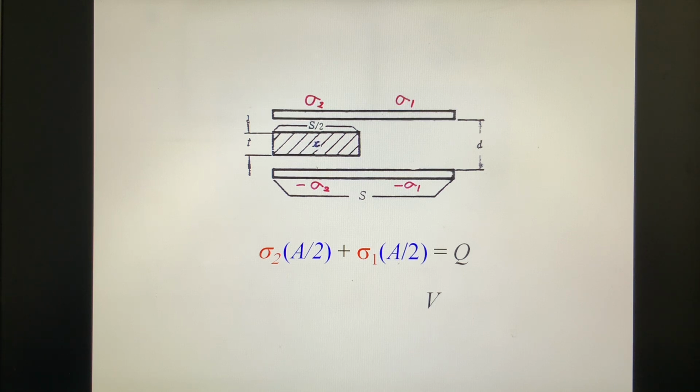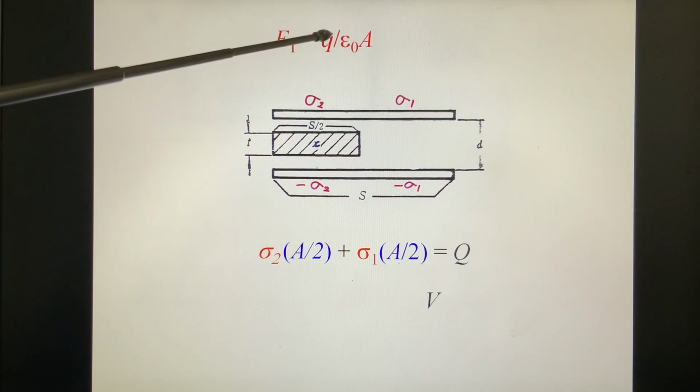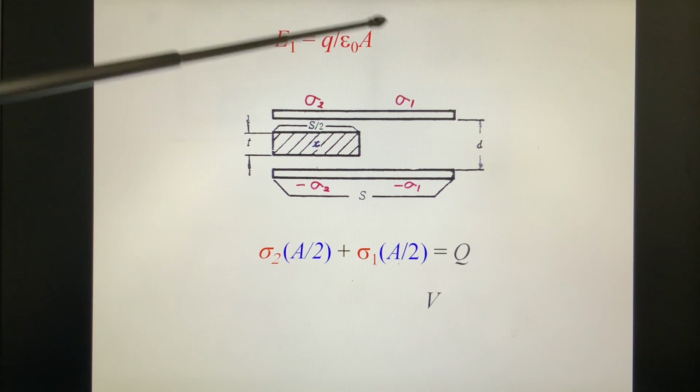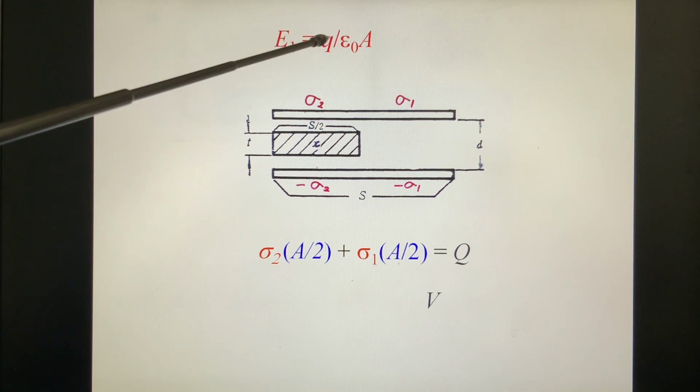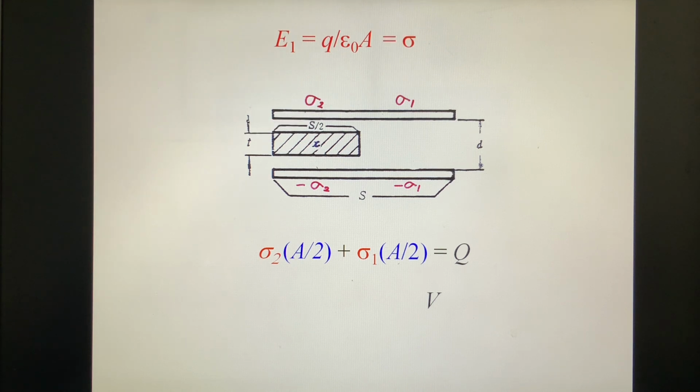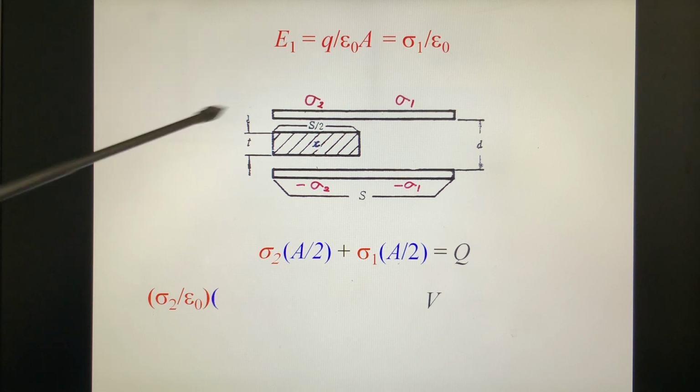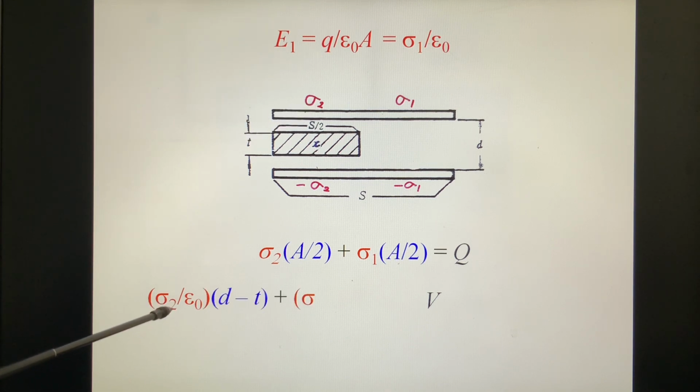Before we do that, let's review the E. E1 here equals Q over epsilon 0 A, which is a formula, and Q over A is sigma 1. So E1 is sigma 1 over epsilon 0. Same thing here: E2 inside this one should be sigma 2 over epsilon 0 kappa.